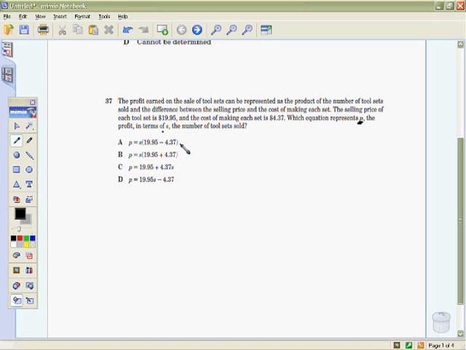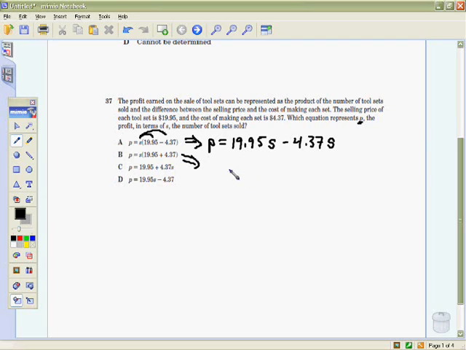But the first two choices look like they can be simplified. Let's do that for the sake of easier understanding. If I distribute here, I get P equals 19.95S minus 4.37S.